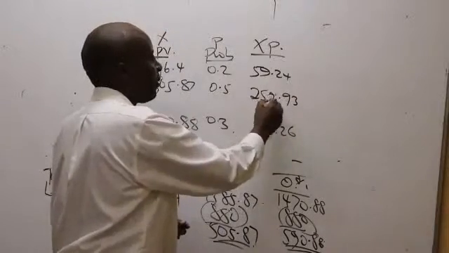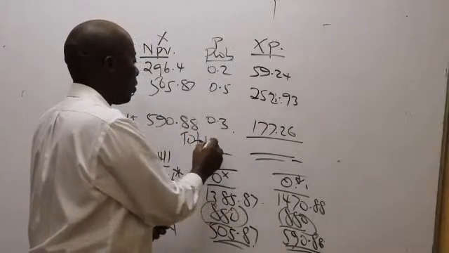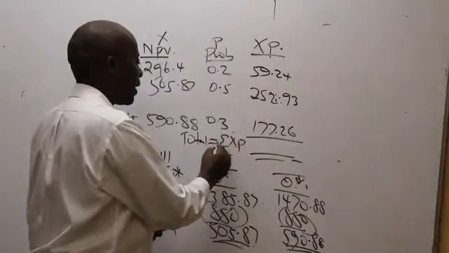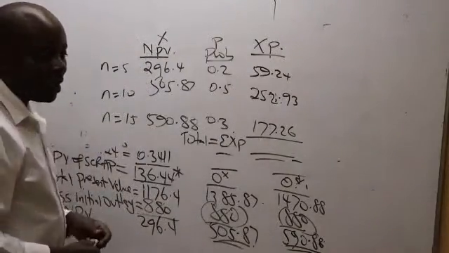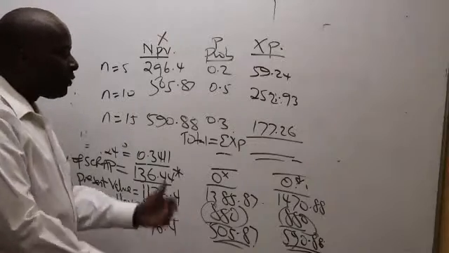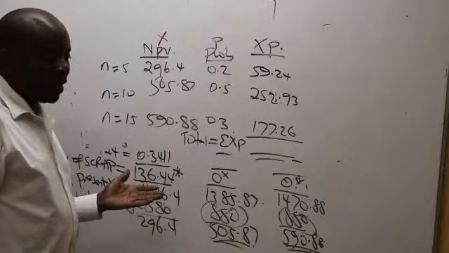252.93. Right. So come here and give us the total, which will be the summation of the xp. You add everything there, and whatever you get will be your expected net present value.